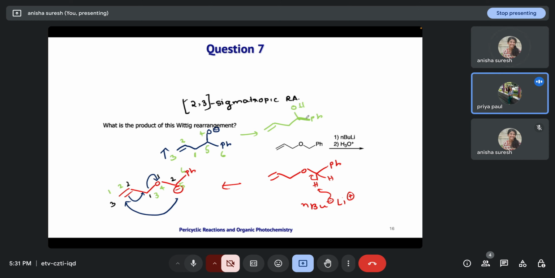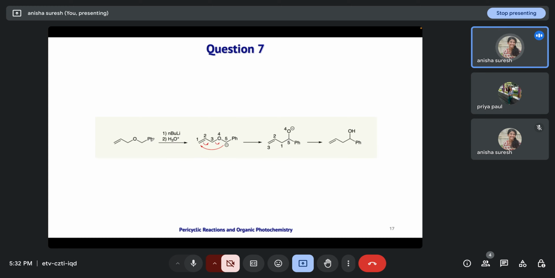Clear? Okay, clear. So this is the mechanism. First, deprotonation will be taking place.